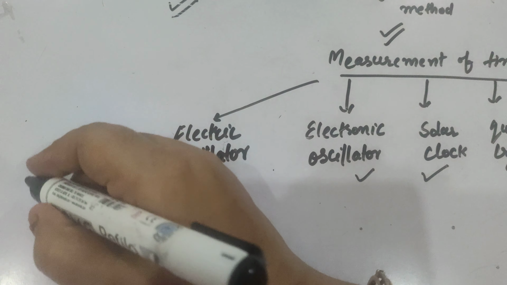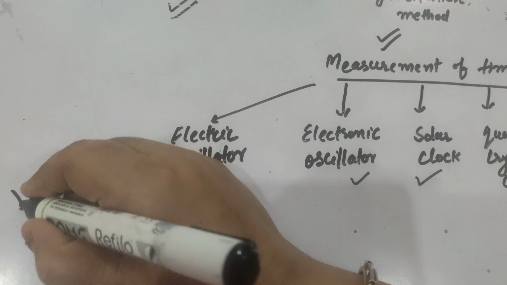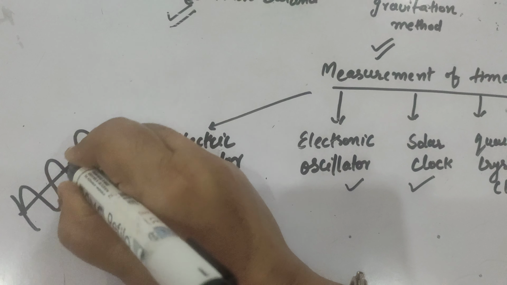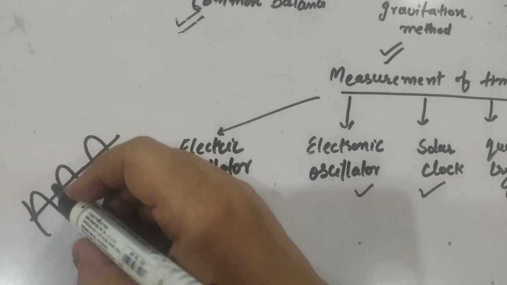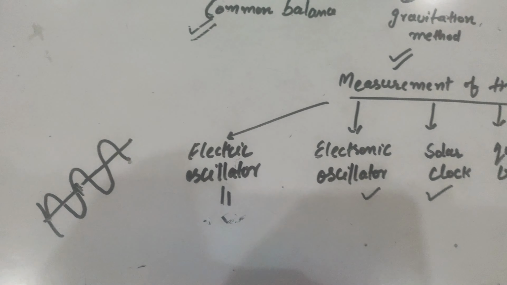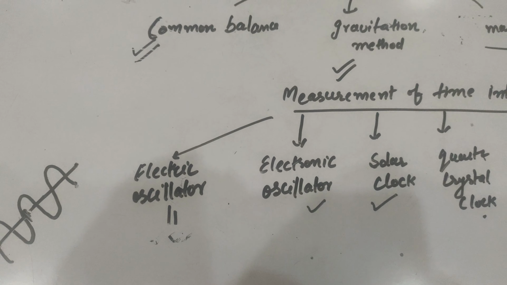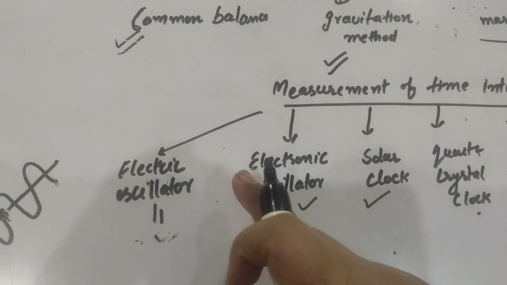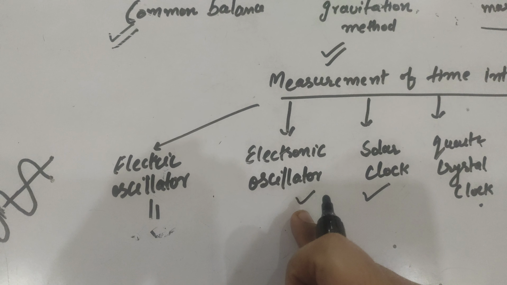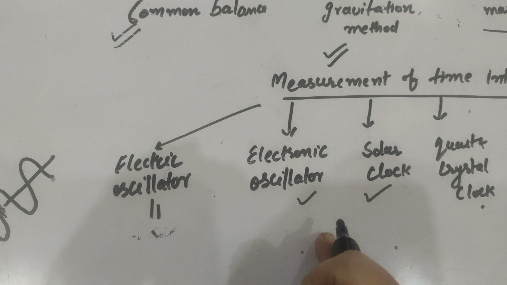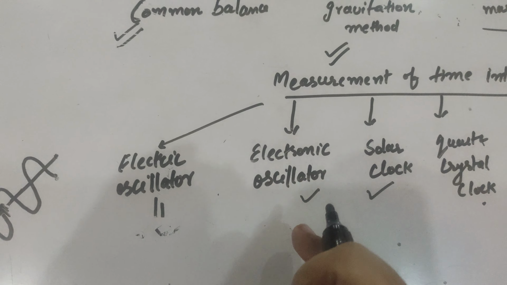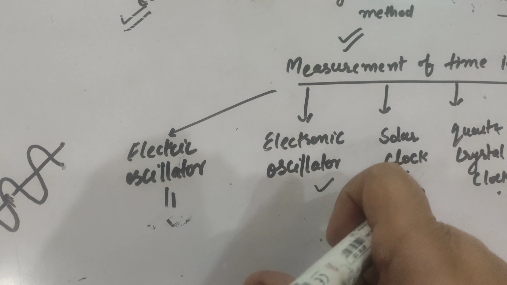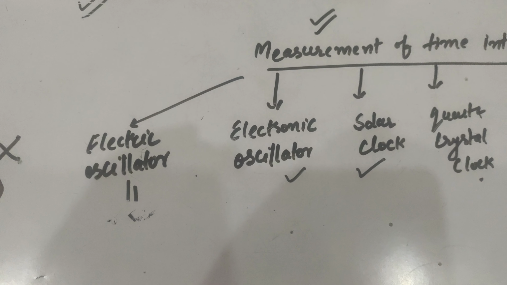Right, we know what an oscillator is? Actually, an oscillator is like this, in which there is a to and fro motion. So the time period of this gives the basis of the measurement of time. Electronic oscillator uses a vacuum tube or junction transistor, which you will study in detail in class 12th. The time period of these oscillators gives the basis of time measurements.